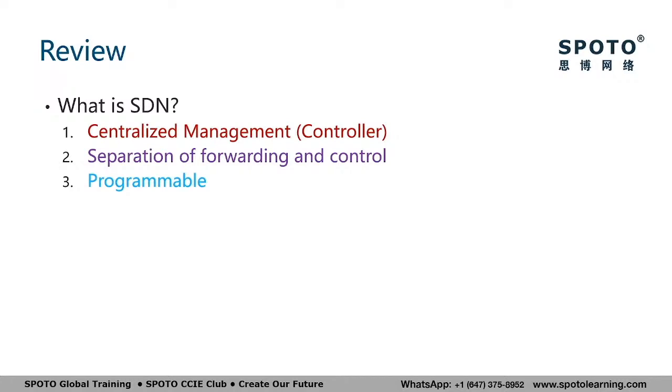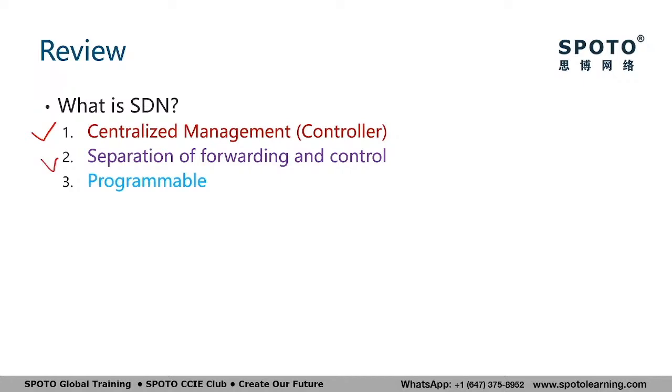SD-WAN is one type of the SDN. They have similarity. They both have a controller, the centralized management. For example, in SD Access, it has DNA Center as the centralized management. Separation of forwarding and control.